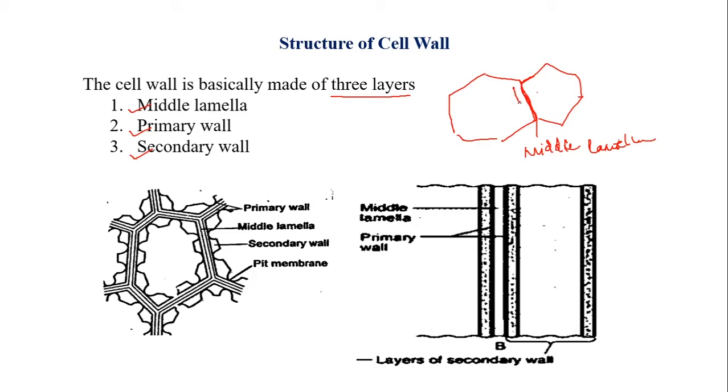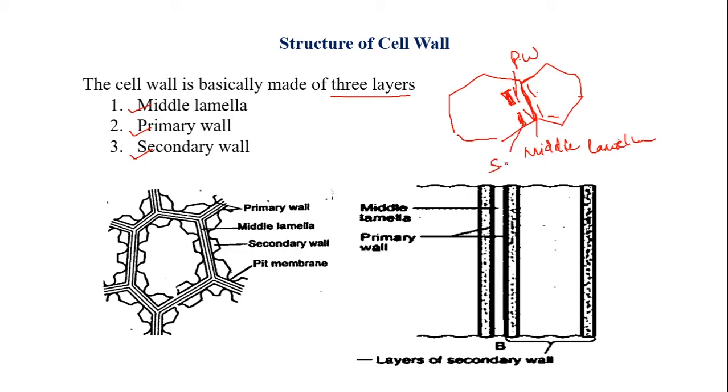On either side of the middle lamella, there is another wall laid down. This wall inner to the middle lamella is the primary wall. On the primary wall, we find the deposition of the secondary wall. Secondary walls are thicker than the primary walls.